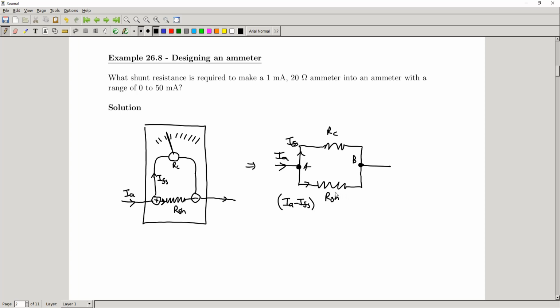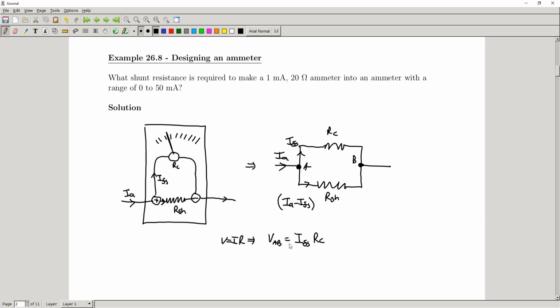So if we think about it like that, what's VAB equal to? Well, VAB is equal to IFS times RC, right? This is basically just V equals IR.